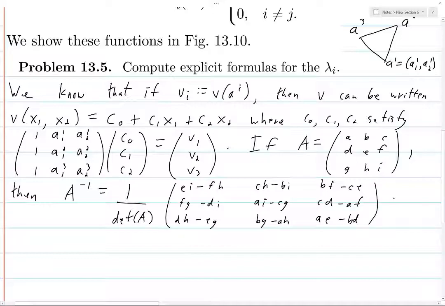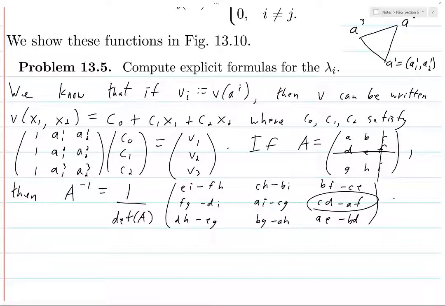So this is just a linear algebra fact, and where are these numbers coming from? Well, this is the 1,1 entry of this matrix. If you go back to A and delete the first column and first row, then ei minus fh is just the determinant of the remaining matrix. That's not just a coincidence, that's how you define this matrix. So if you go second row, third column, and you delete the second row and the third column, and take the determinant of the remaining 2 by 2 matrix, you get something that is not what I have written down.